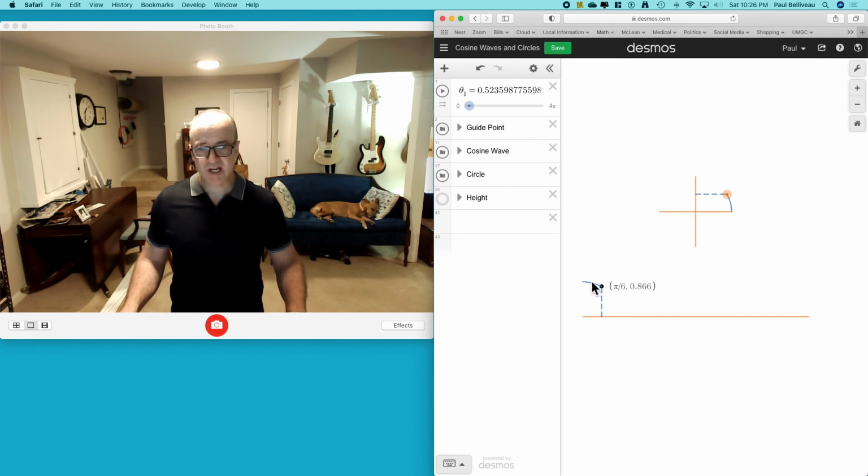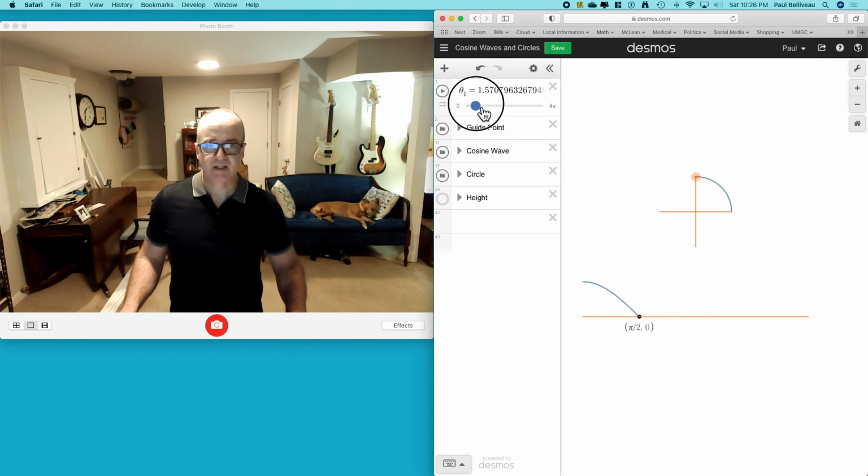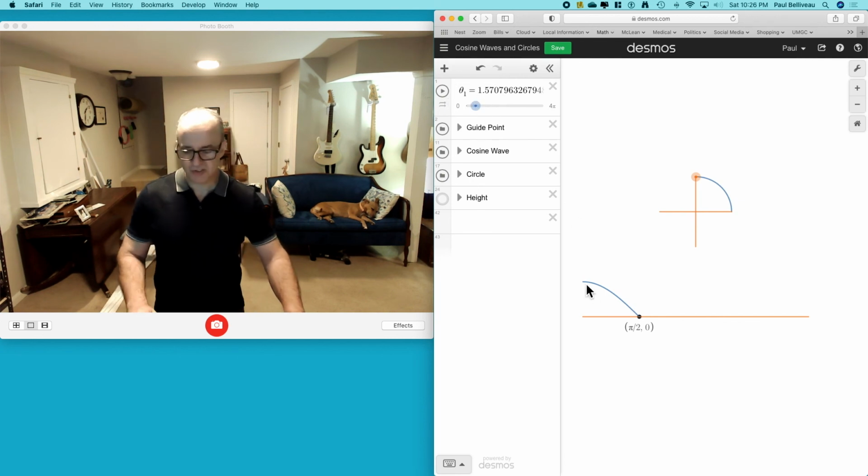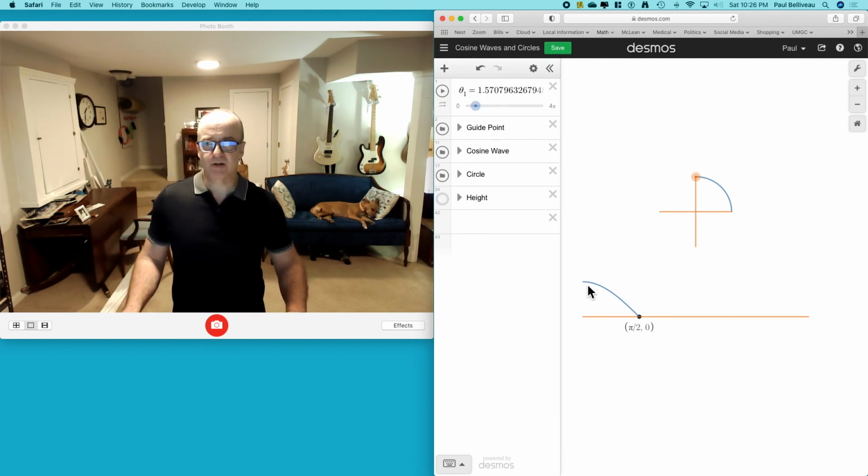So on the cosine wave, that means your height is lowering. Horizontal distance up here becomes vertical distance down here. So as we go past 30 degrees and get closer and closer to the y-axis, eventually touching it, our cosine wave starts 1 unit above the x-axis and eventually lowers itself to 0.